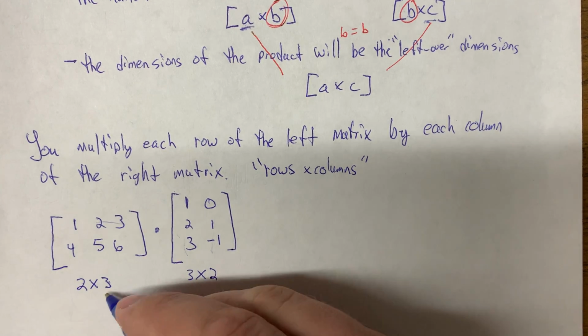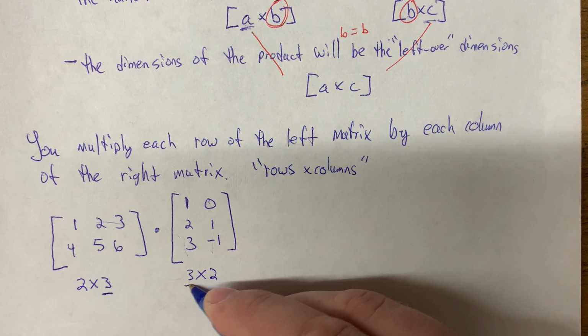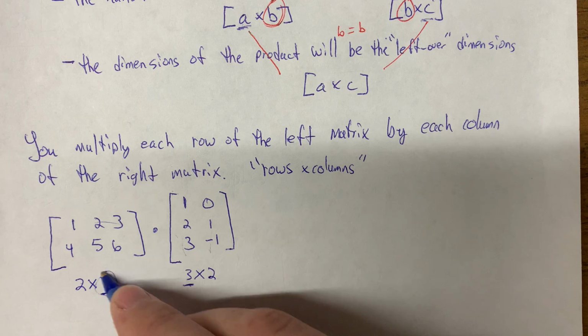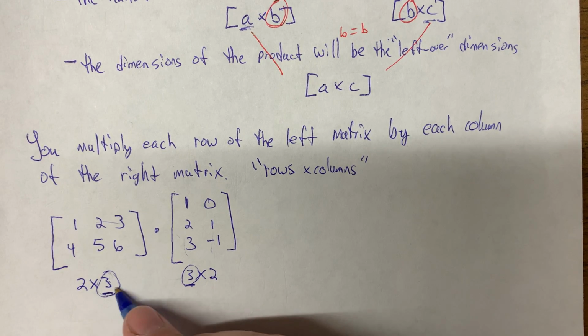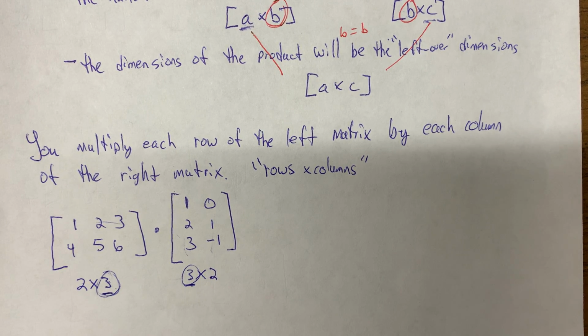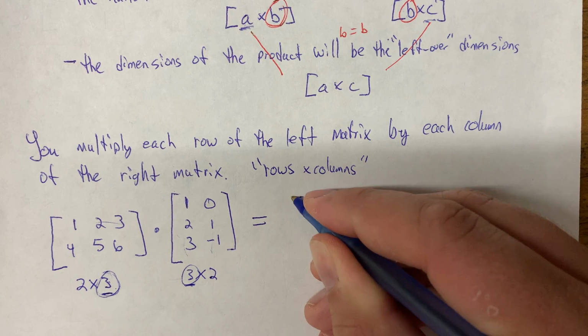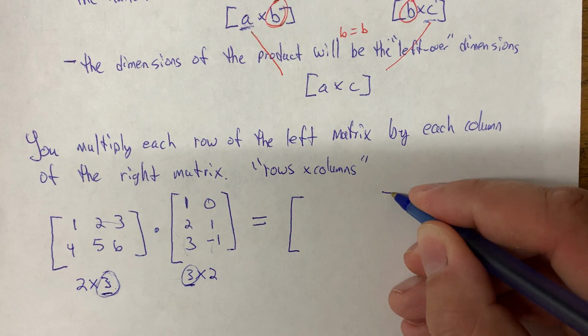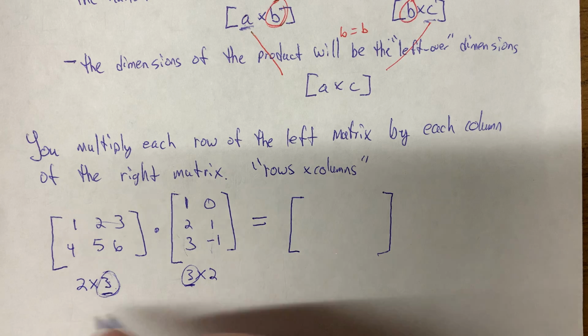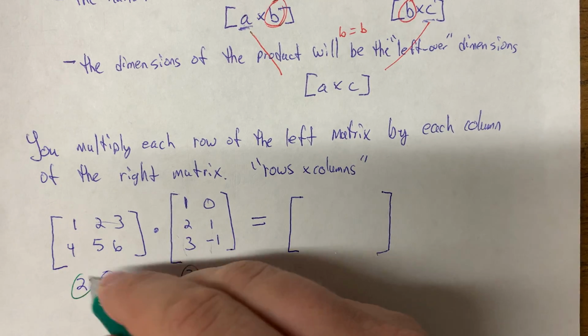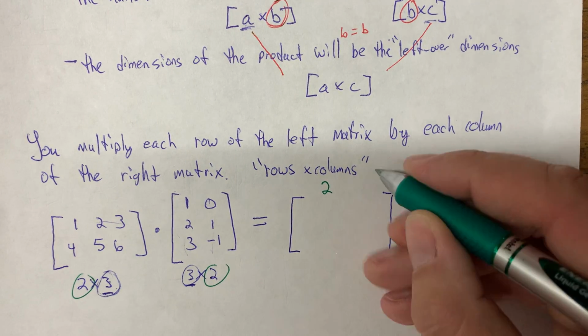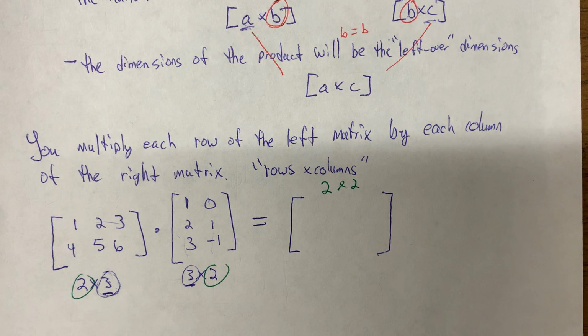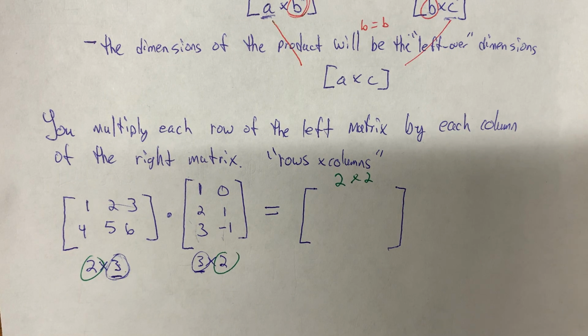The answer is yes, because the 2 middle dimensions are equal to each other. 3 and 3 are there. And I know that the answer is going to be the leftover dimensions. The leftover dimensions are 2 by 2, okay?